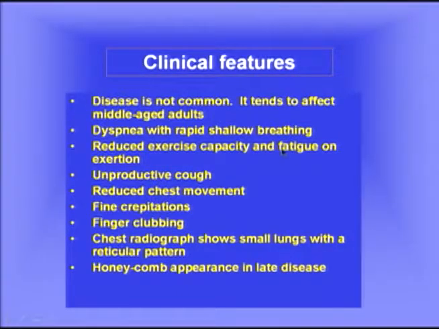And another feature that he often complains about is fatigue, that after exercise, or even in the absence of exercise, he feels fatigued, and this seems to be a feature of this disease. He may have a dry cough, an unproductive cough. Now, sputum is not seen in this disease. If he has a cough with sputum, he's probably got bronchitis as well, but usually with this disease it's an unproductive dry cough, but it can be a nuisance.